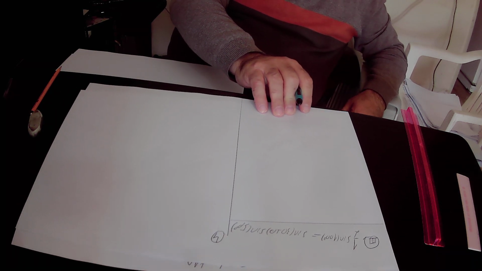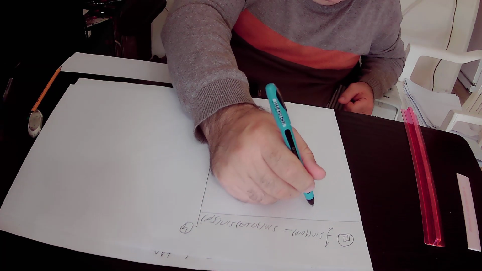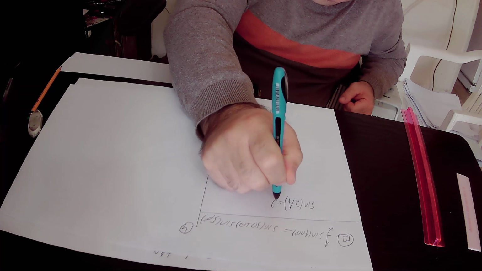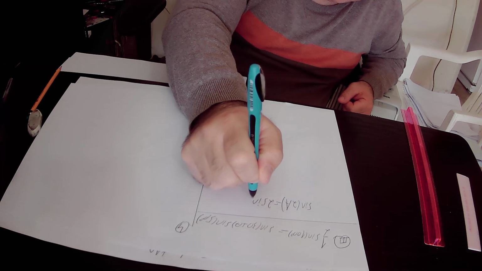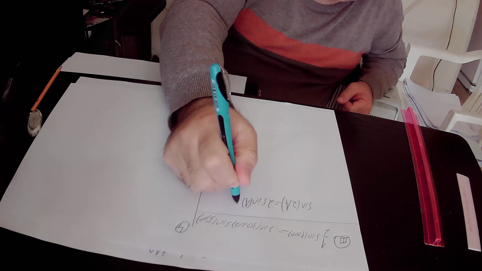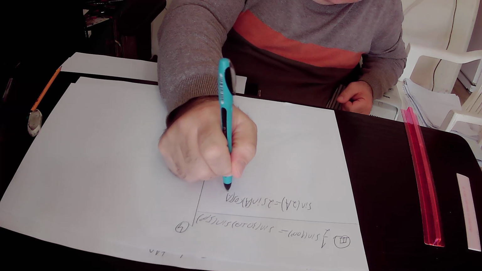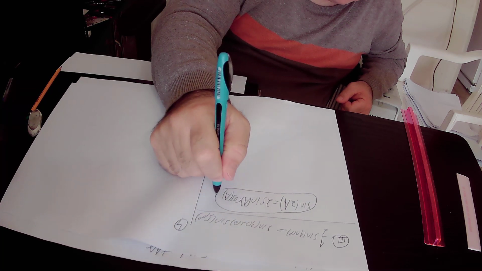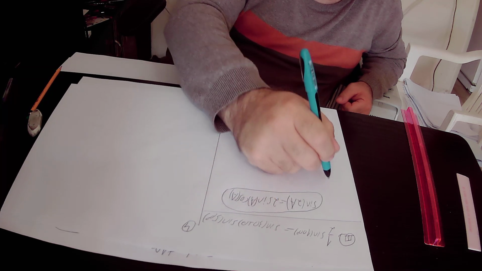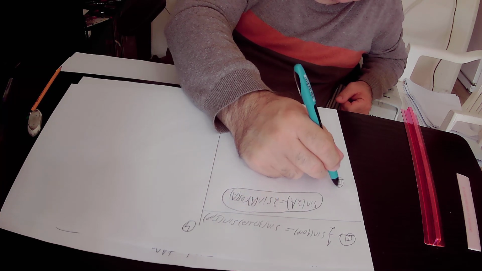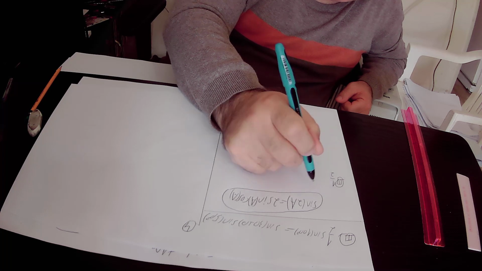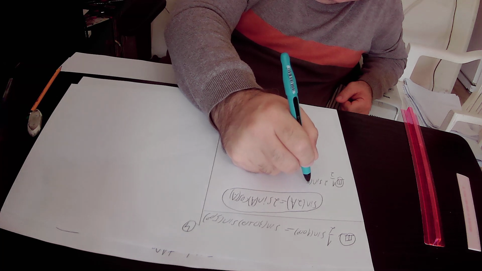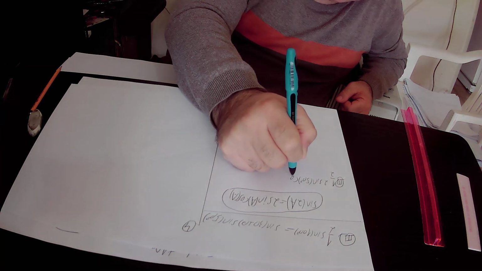Here we will use the trigonometric identity that states that sine 2a equals 2 sine a cosine a. We'll use this trigonometric identity in order to calculate the value of sine 100 degrees. And according to this trigonometric identity, we will get that sine 100 degrees equals 2 sine 50 degrees cosine 50 degrees.